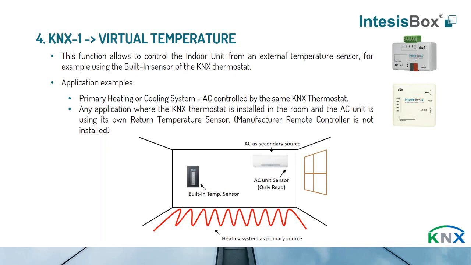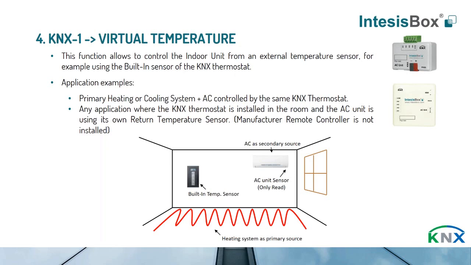Most of the manufacturers allow you to directly write the temperature sensor. It means you will be able to give the information from outside. You will be able to tell the split that you don't want to use its own temperature sensor. You want to use the sensor from KNX.